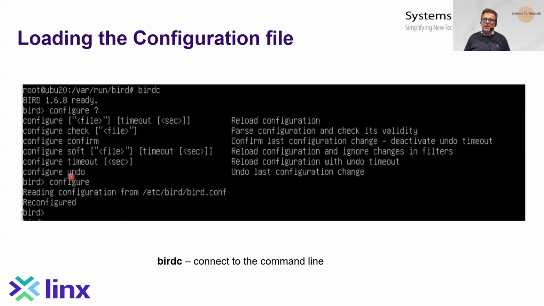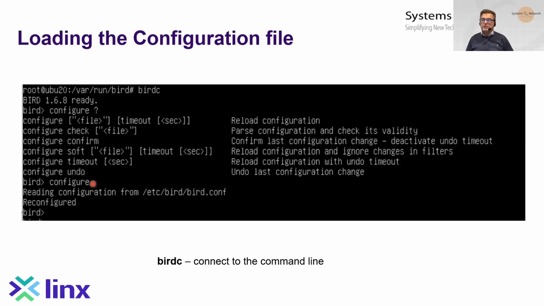We can also do things like undo, for example, if we go to a configuration and we want to go back to the previous configuration. That's what the undo function is used for here. BIRD remembers the last configuration we loaded. So if we go into the BIRD command line and use just the line configure here, it's going to go to the last configuration file that it used to load.